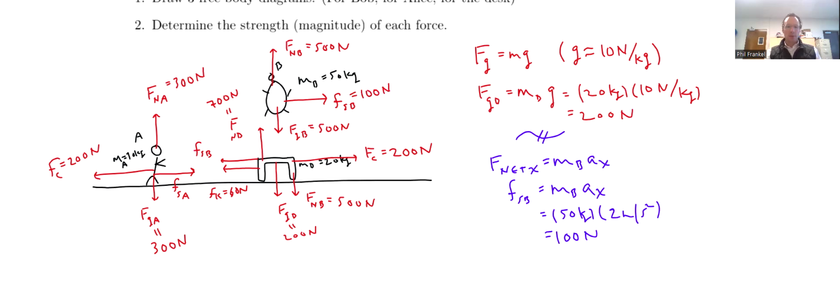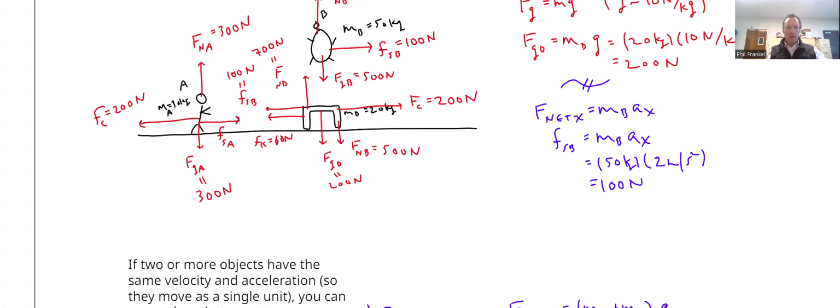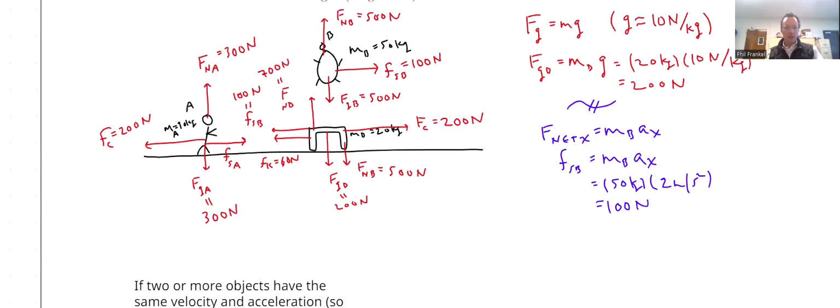We know another value now. We know that the static frictional force that Bob exerts on the desk is 100 newtons. And now we can turn to the last force that we need to find, the rightward static frictional force exerted on Alice's feet.